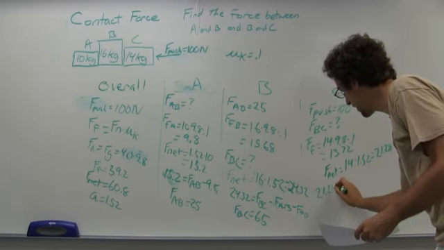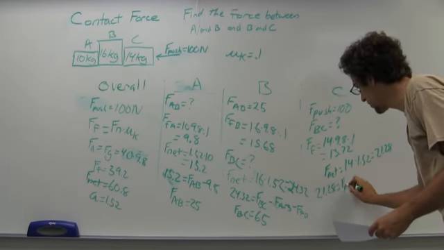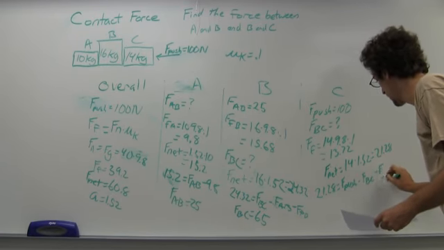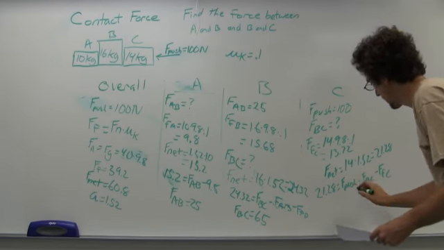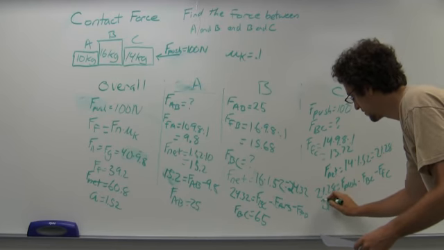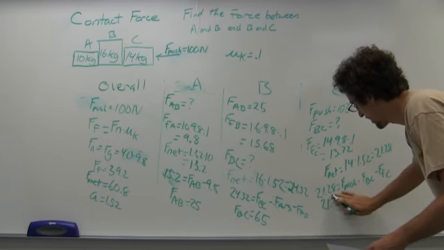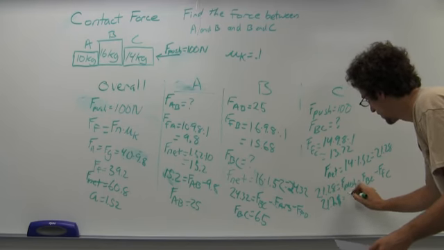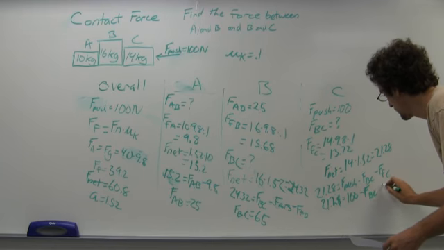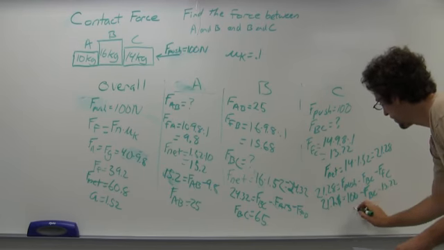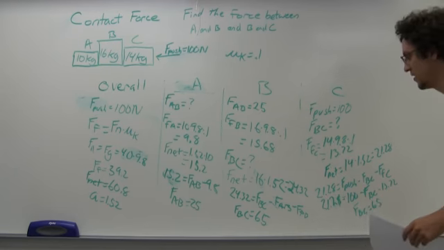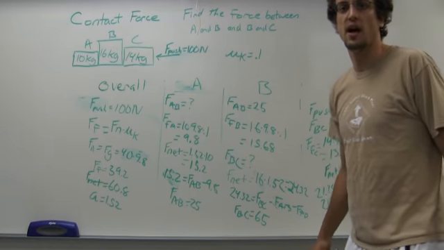So 21.28 is equal to F push minus FBC minus force of friction on C. So we get 21.28 equals 100 minus FBC minus 13.72. And we get FBC is equal to 65. Again, showing that Newton's third law does apply.